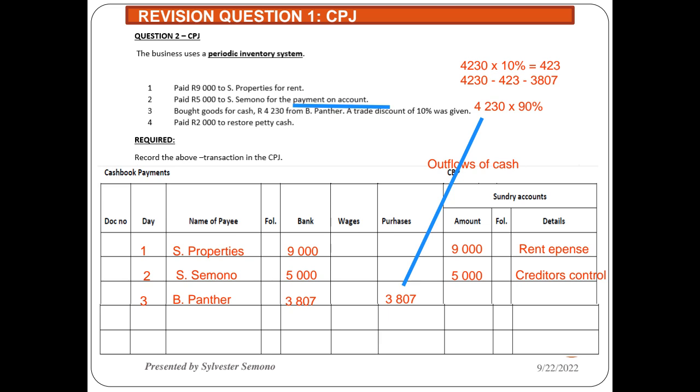Okay, let's do the last one, not the third one. The fourth, name of payee. Cash. Where else?